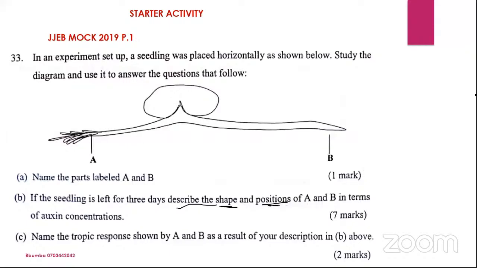And then B, how about John? Yes, John. John, can you say something about B?